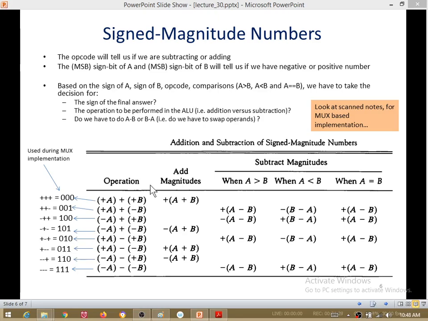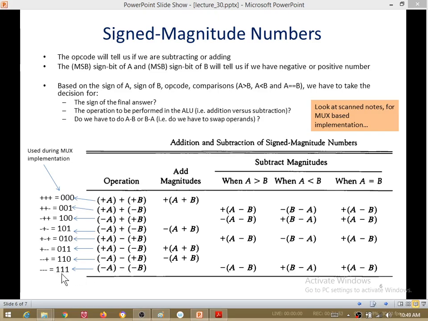So all these 8 combinations I am representing using a 3-bit binary code. This 3-bit binary code is telling me what is the actual scenario: what is the value of the operation and what is the sign of the two operands. For example, the last one is saying minus a, which means the sign of a is 1, meaning negative.